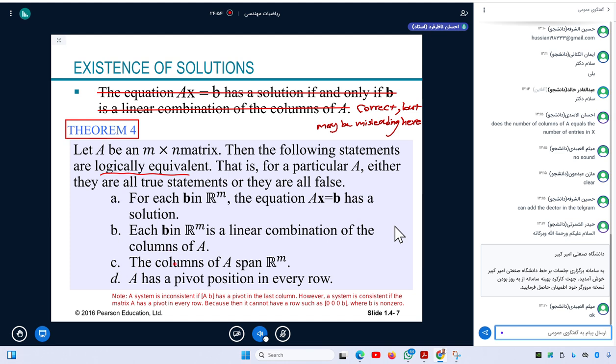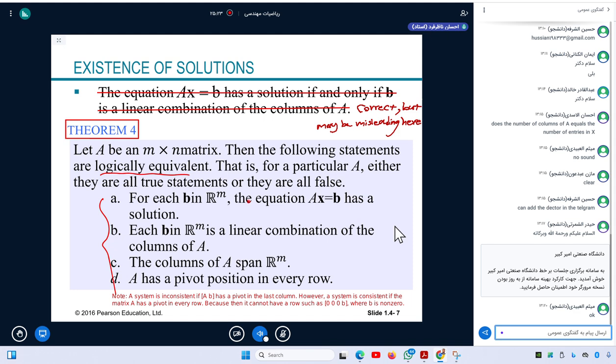And if one of them, for instance, is false, this means all of them are false. So logically equivalent, this is the meaning. So for a particular A, either all of them are true or all of them are false. So these are 4 statements which are equivalent, logically equivalent.